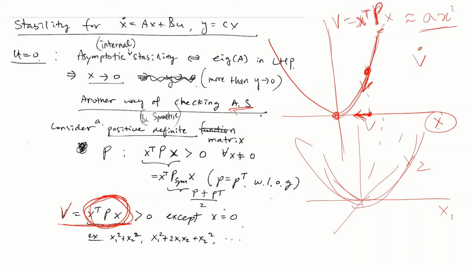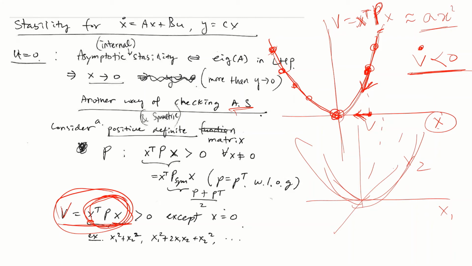And now the function that we defined, which contains x, changes in this fashion, right? A certain positive number, that's the initial V. But suppose the value of V gets decreased, or V dot is negative all the time. It means V will get decreased, and eventually this V will go to 0.